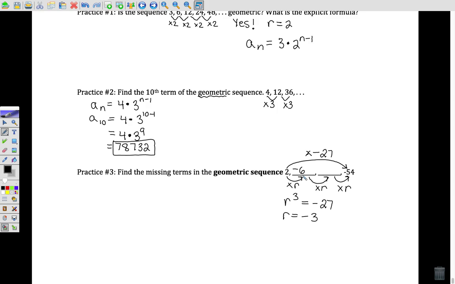Negative 6 times negative 3 is a positive 18. Positive 18 times a negative 3 gives me negative 54, and it looks like that works. So negatives can come into play, and the order in the sequence can switch between negatives and positives if r is a negative number.